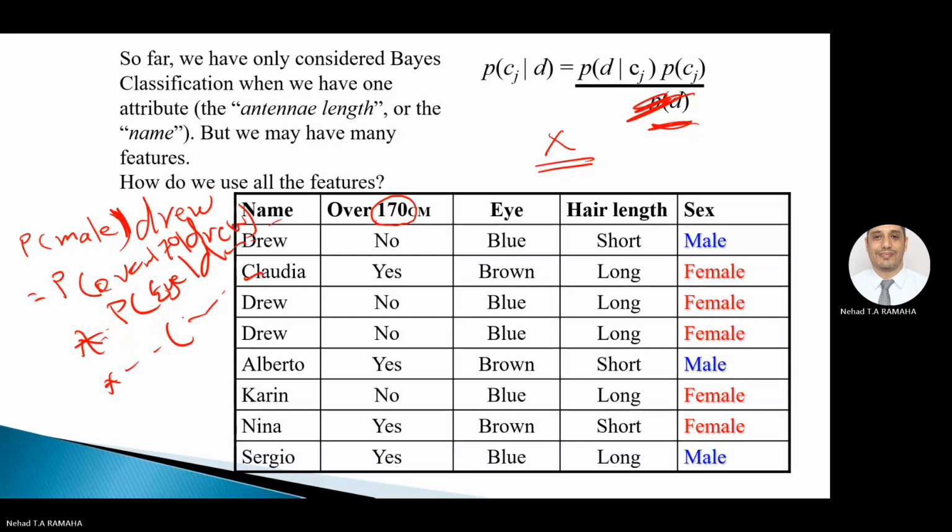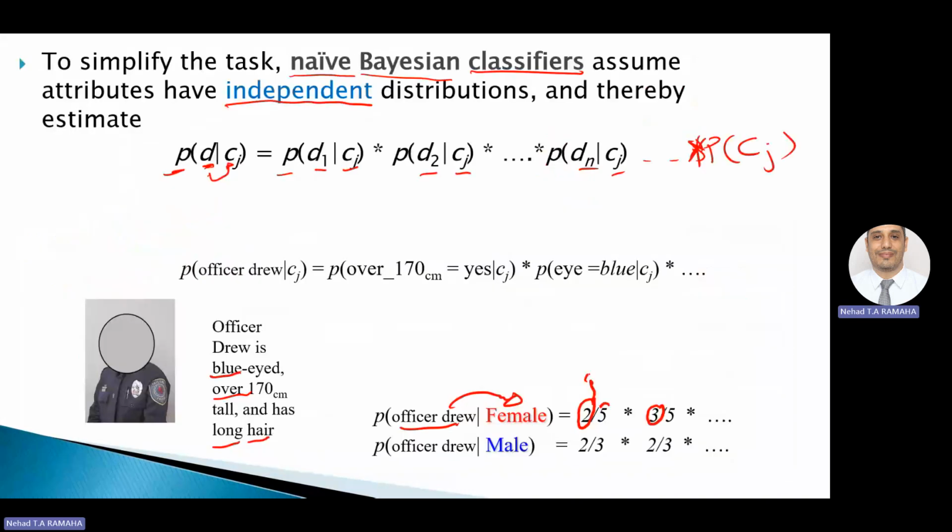So the probability of officer Drew being female is the probability of how many officers, multiplied by how many. Okay, I wrote it in the opposite way, yes. So this one, the probability of Drew with female, sorry, not Drew. Female. And what's the first feature?